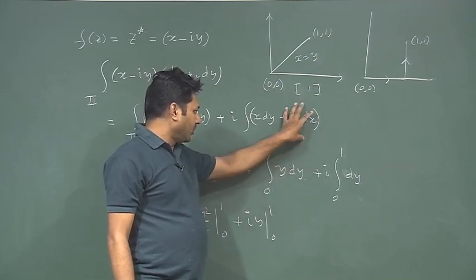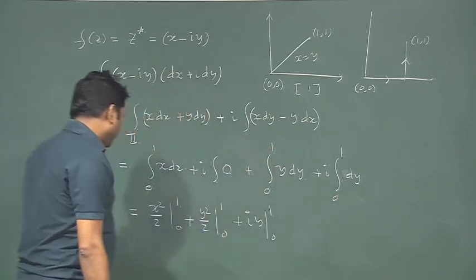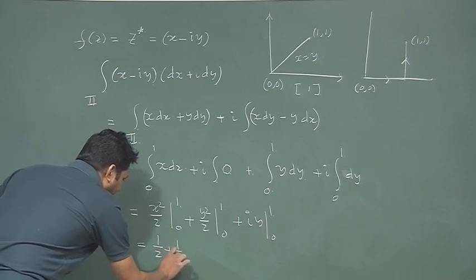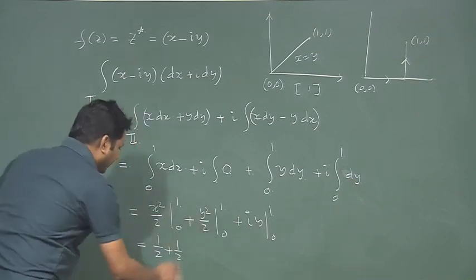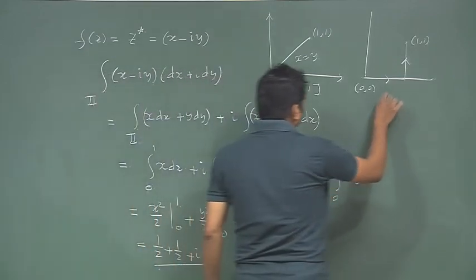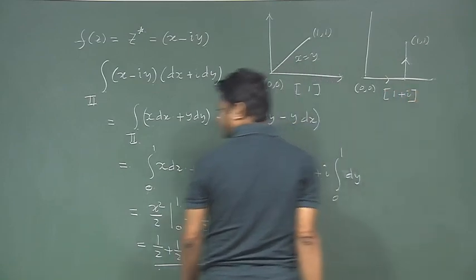So, I will have integration of i dy. After doing all these things, I find that this is half plus half and this quantity is plus i. So, as a result, I will have 1 plus i.